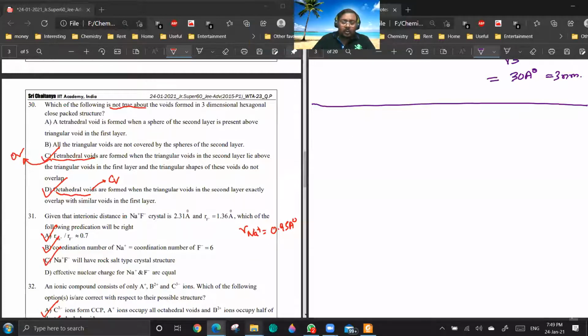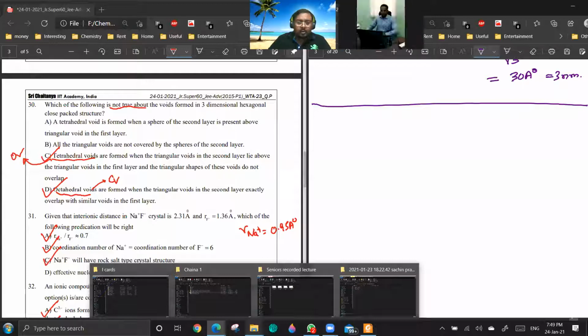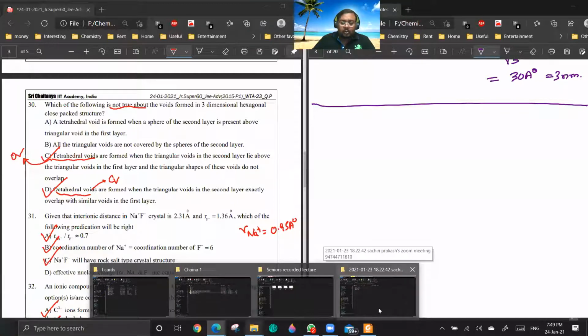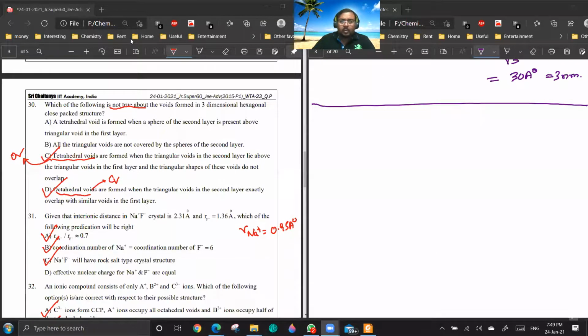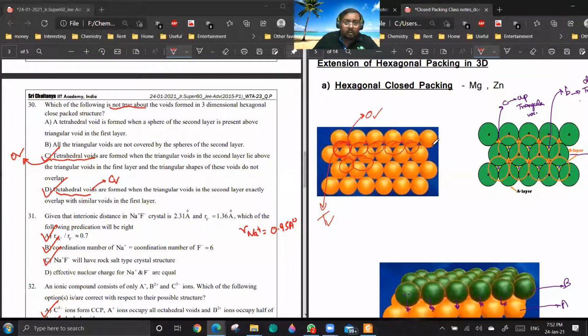Okay, so let me just do one thing. I'm just pausing it for yes or no. Because when you're covering the voids, only the down triangular voids or up triangular voids are completely getting covered. If down is getting covered, then up won't be getting covered completely. So B is also correct. Yes or no?